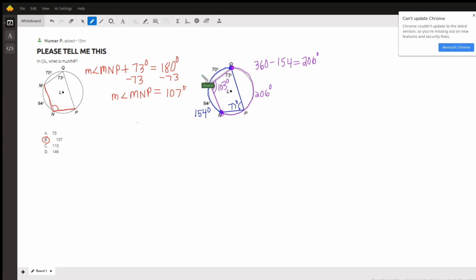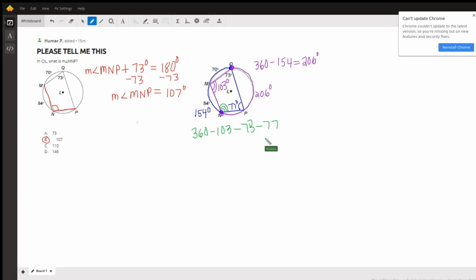And finally, we're going to figure out the measure of this angle right here, which is the goal of this problem. Well, this is a four-sided figure. A quadrilateral's angles always add up to 360. So we can take 360 minus 103 minus 73 minus 77.